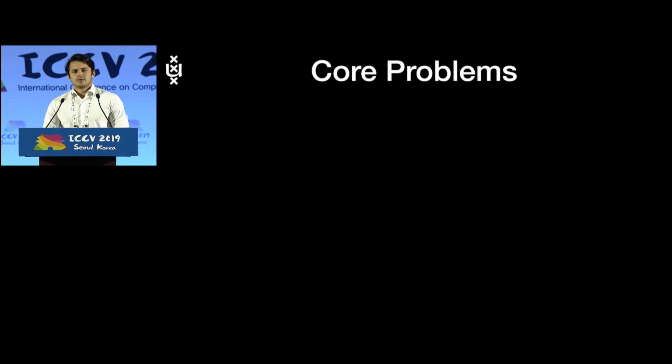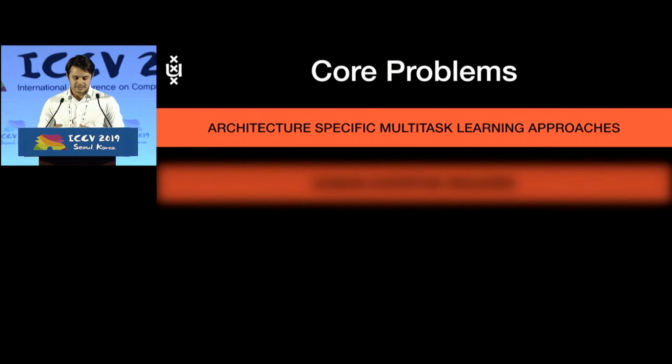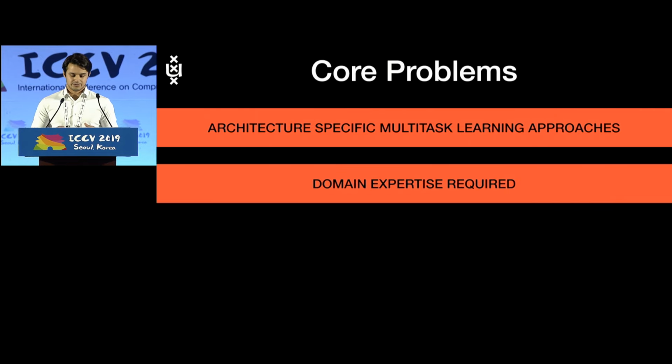So this work is about multitask learning, and for a start, we wanted to identify four main issues that we wanted to address with our approach. So firstly, most multitask learning approaches have specific architecture designs for the problems that they're addressing. This limits their general usability, as switching to another problem or domain might require heavy modification to function.